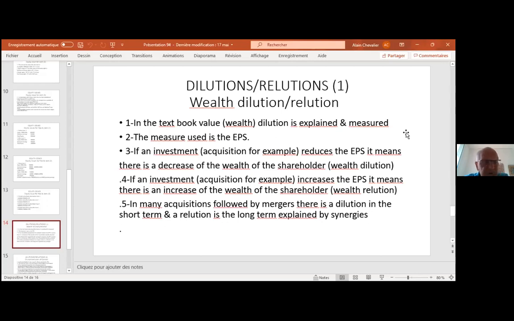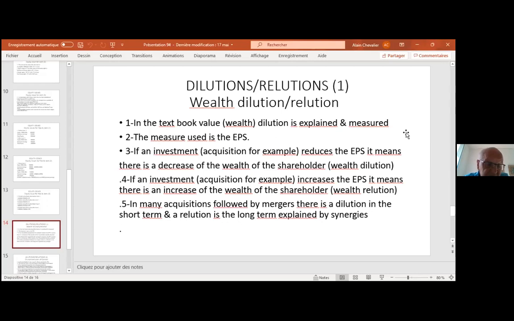And if you are waiting for synergies, they are not coming immediately, they are coming 1 year or 2 years or 3 years after. So immediately you get a negative impact on the earnings per share in many cases.